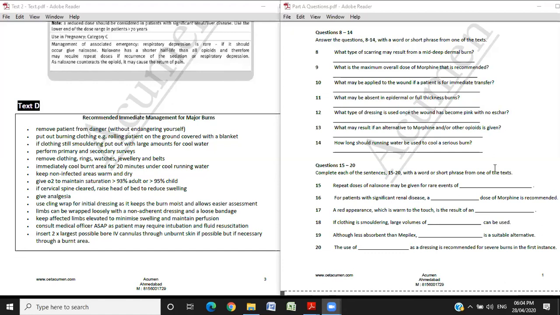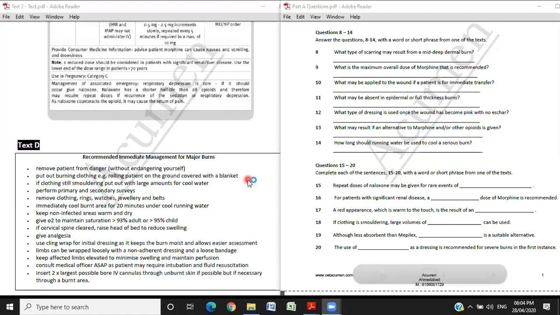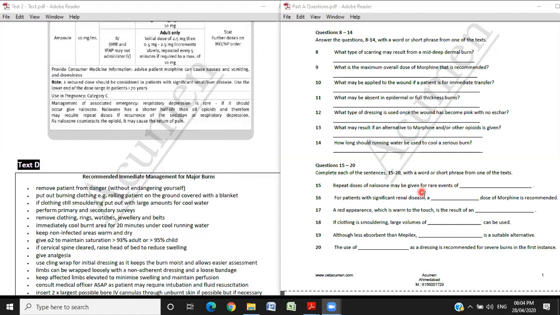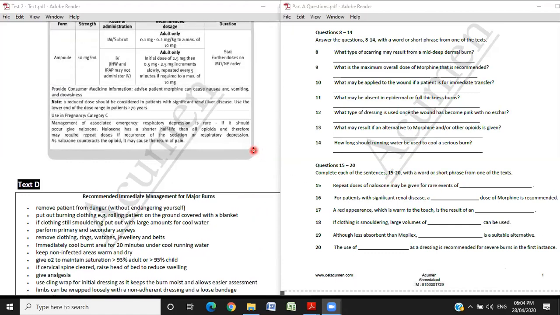Now let us start looking at the answers. So 15th says, a repeat dose of naloxone may be given for rare events of blank. So you have two side effects here.